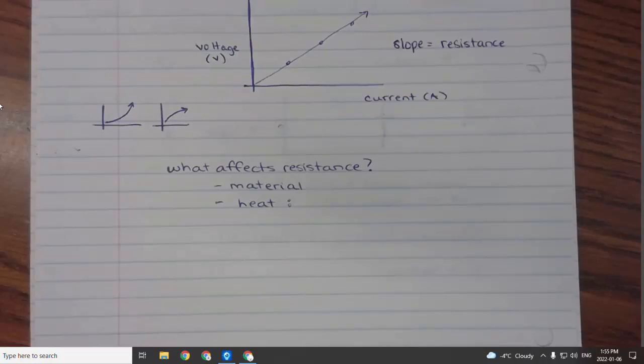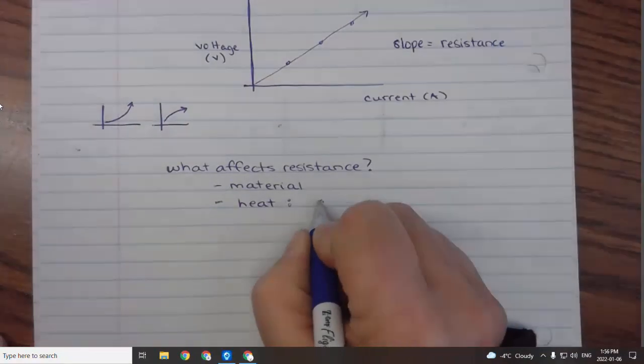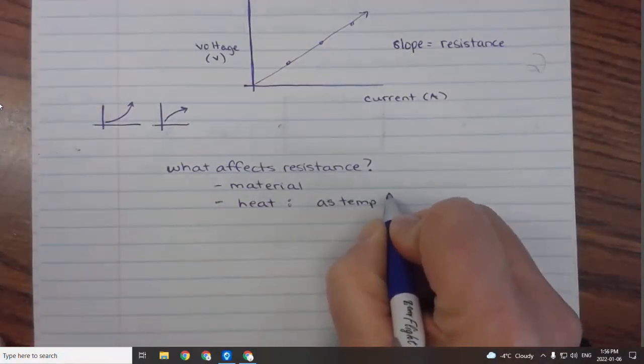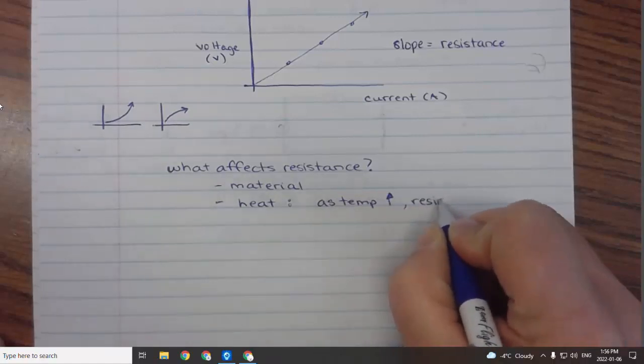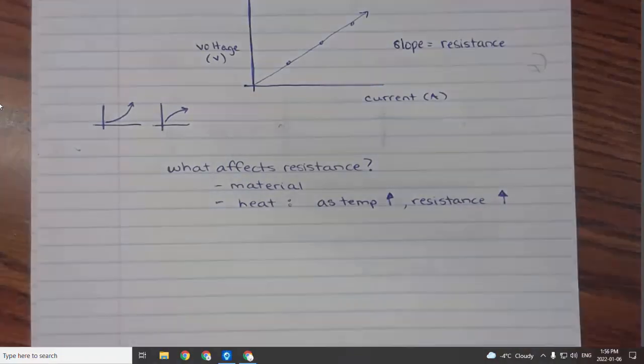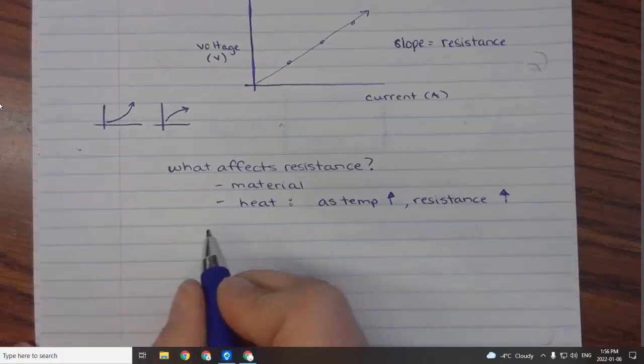And so imagine everybody around you in the hallway bouncing around very quickly. Well, you might collide with people a lot more often. And so it would make it harder for you to reach your locker. And so as the temperature goes up, the resistance also goes up. So it's harder for the current to get through.